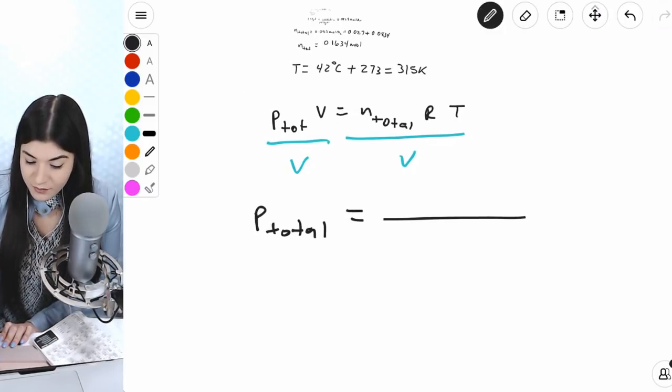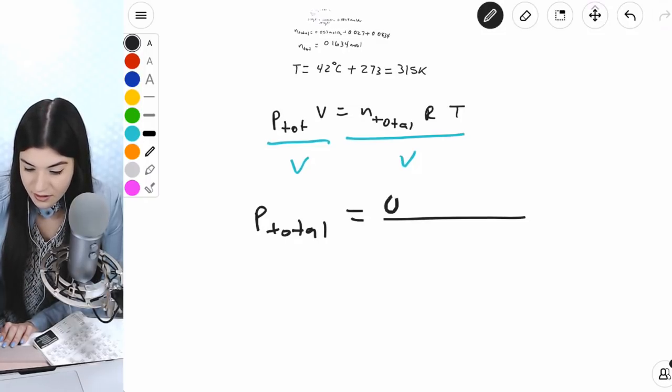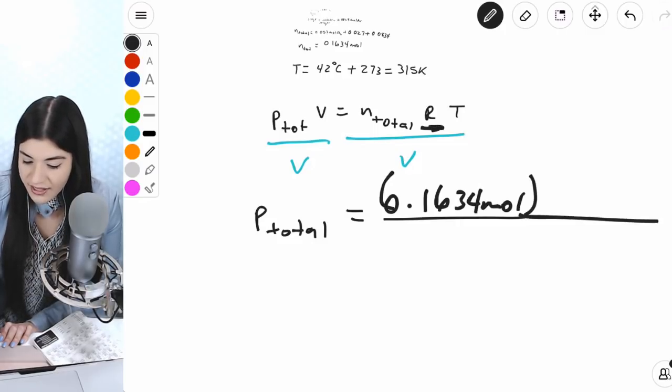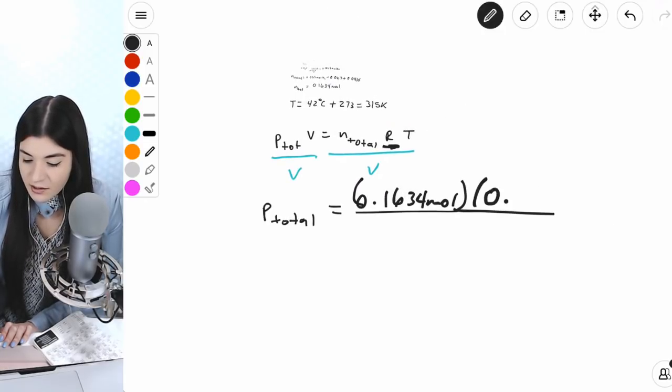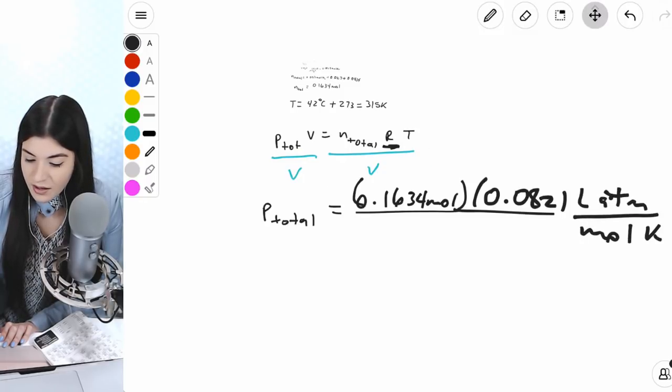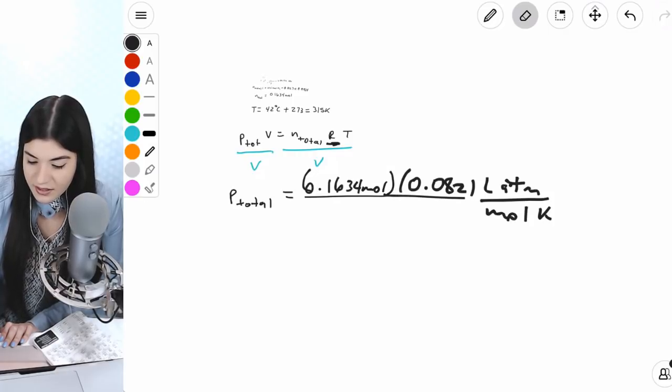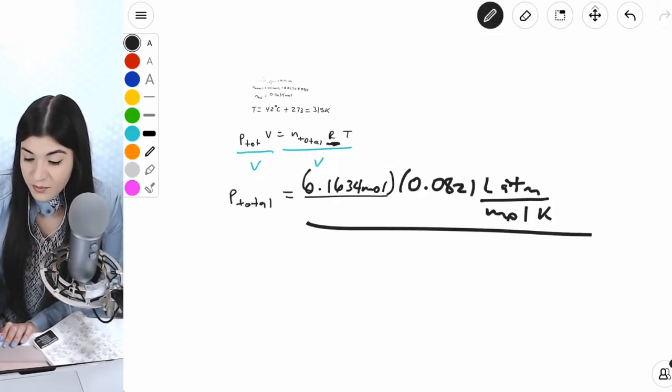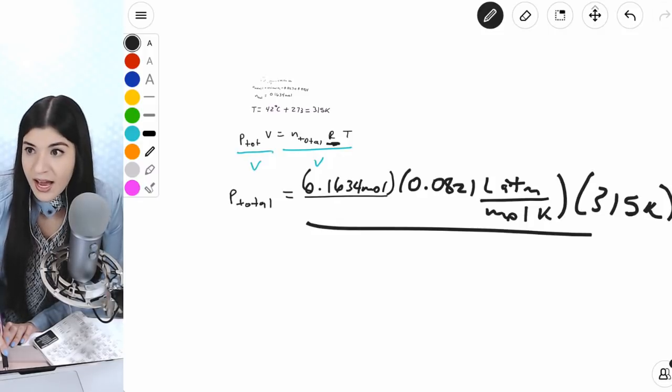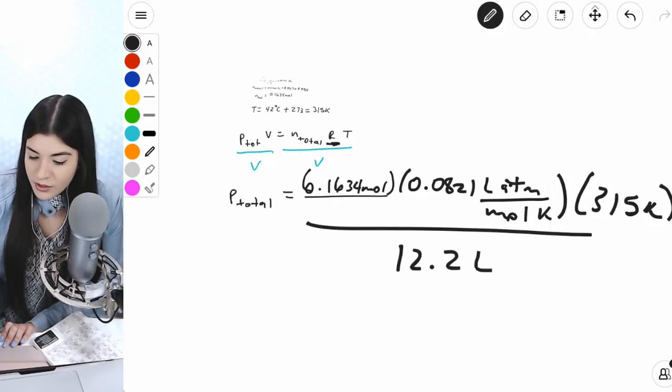Our total pressure, our total moles were the 0.1634 moles. And then on top, I'm going to have that R, or our gas constant, which is 0.0821 liters atmospheres divided by moles Kelvin. And then let me keep going with this. Then from here, we're going to have our temperature, which was 315, because that's in Kelvin. And lastly, our volume is on the bottom, 12.2 liters.